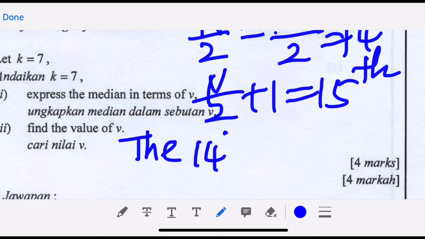So I take the 14th and the 15th data, then divide by 2, which gives the average of the middle data. So when the data is even, that's how you do it. I find the 14th data and the 15th data, add them, and divide by 2, and that will be my median.